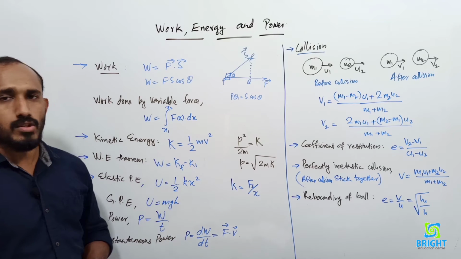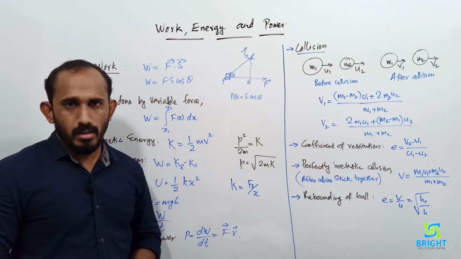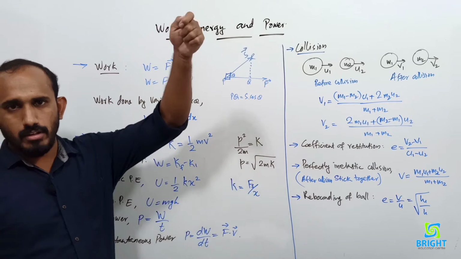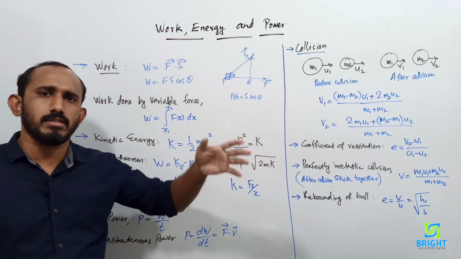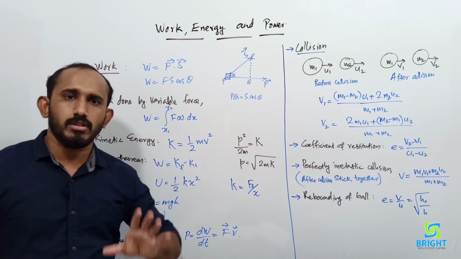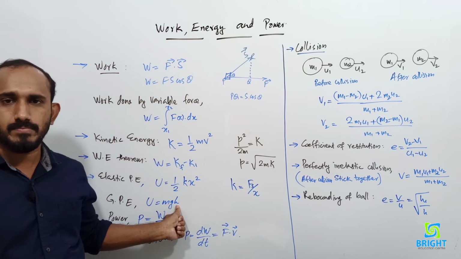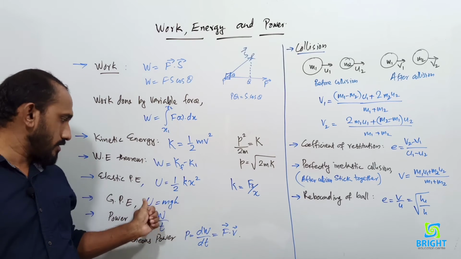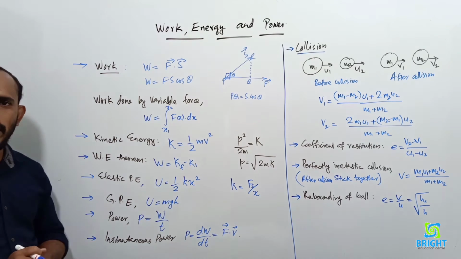In both cases, the work done does not depend upon the path followed. If you lift any object straight up, in a curved way, or through a staircase, whatever method you use, for the potential energy you just check the vertical height only. So h you have to consider. Potential energy is directly proportional to height. That way we get the gravitational potential energy.